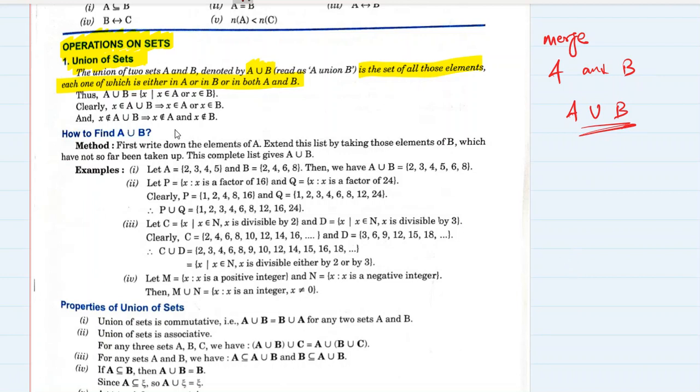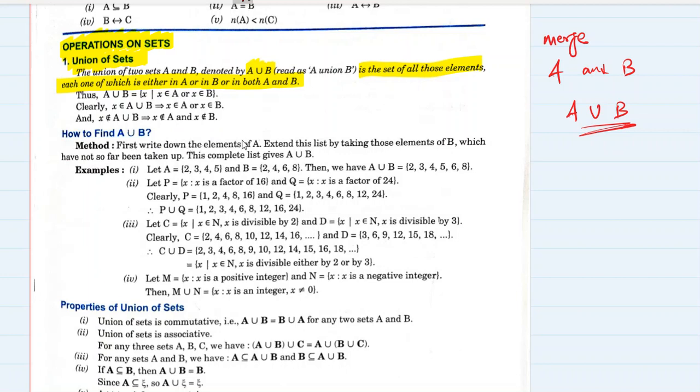So A union B is a set of all elements X such that X belongs to A or X belongs to B. Clearly, if X belongs to A union B, X will be a member of A or B. If X does not belong to A union B, then X will not belong to A or B. How to find A union B?